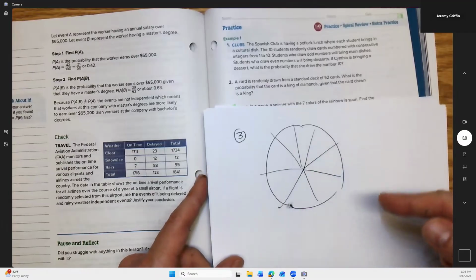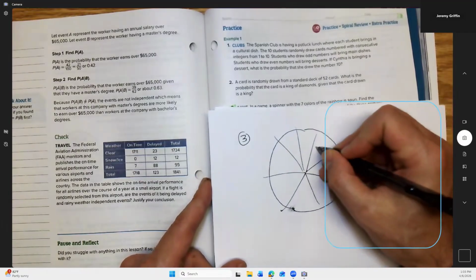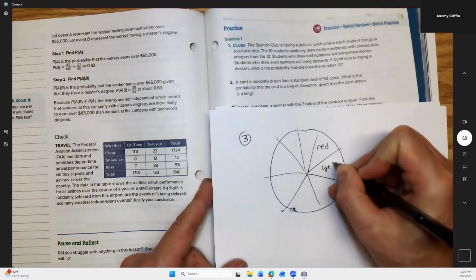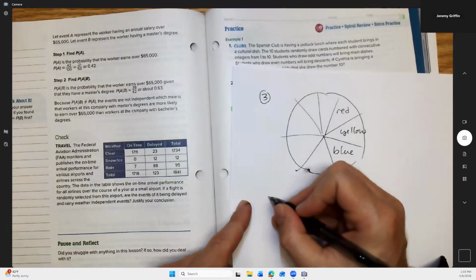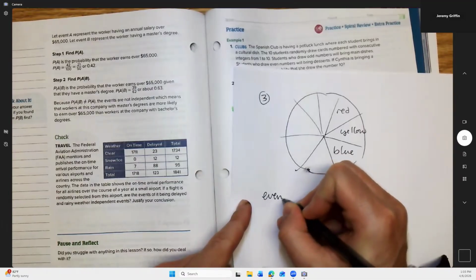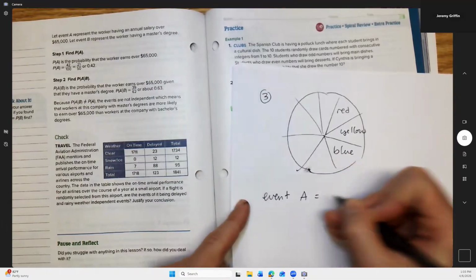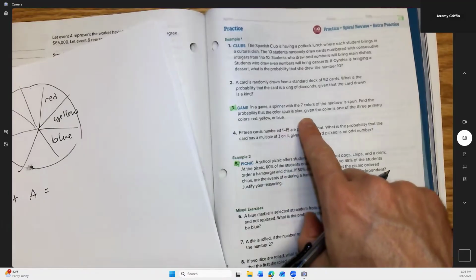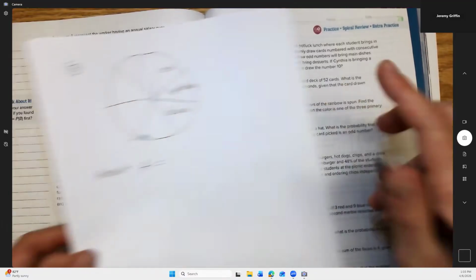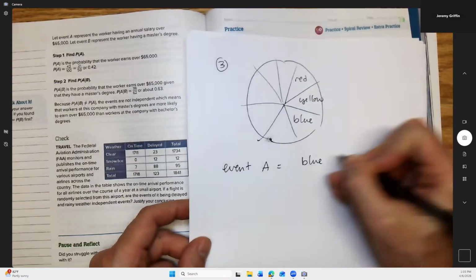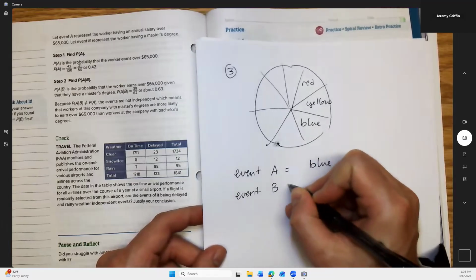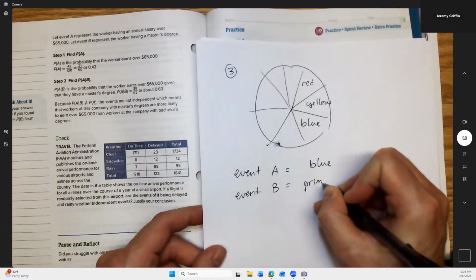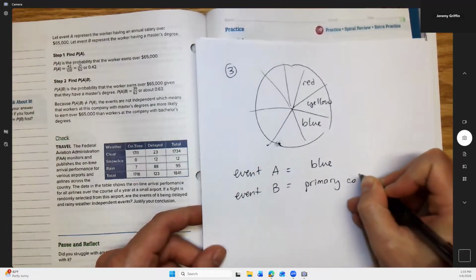Okay, let's make believe those are all the same size wedge. Okay? Now one of these is red, one of these is yellow, and one of these is blue. Okay? So I'll call event A being blue. Let's call event B being primary color.